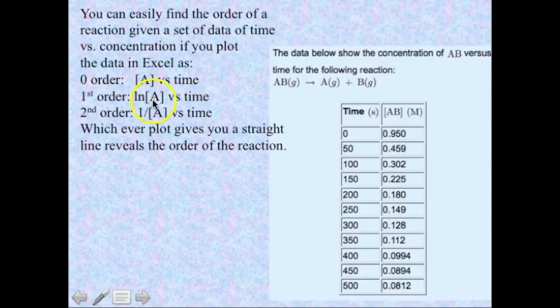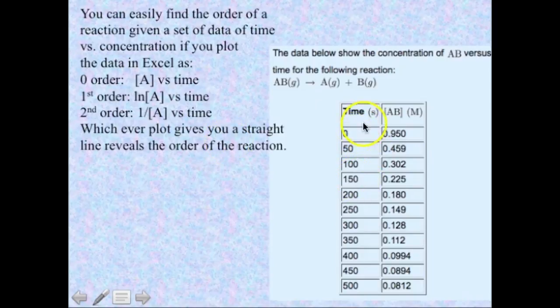If you got a straight line here, you'd be talking about a first-order reaction. And if you plotted 1 divided by the concentration of A versus time, you'd be talking about a second-order reaction. So whichever plot gives you a straight line, that reveals the order of the reaction.